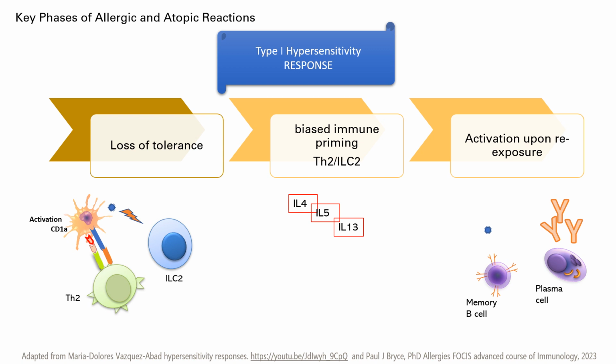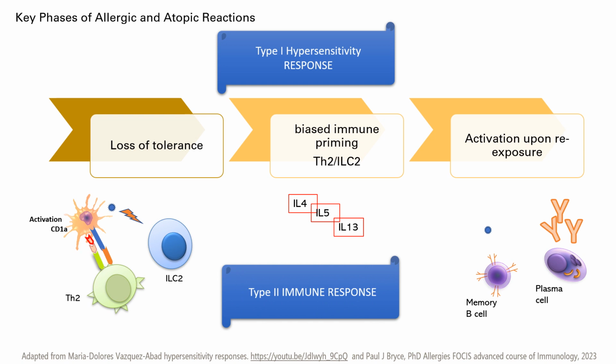Type 1 is the one that characterizes allergic responses, and it's called type 1 because it was the first one ever described in the 19th century. However, because the phenotype of the Th cells and the innate lymphocyte cells is the second phenotype, Th2 or ILC2, when we talk about an immune response it is type 2.